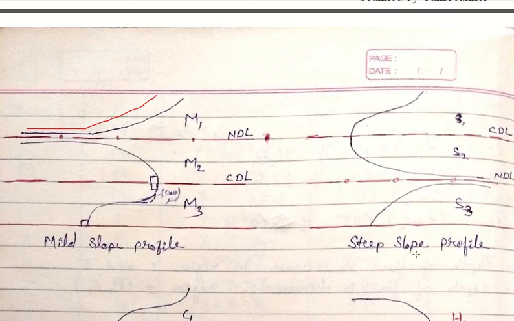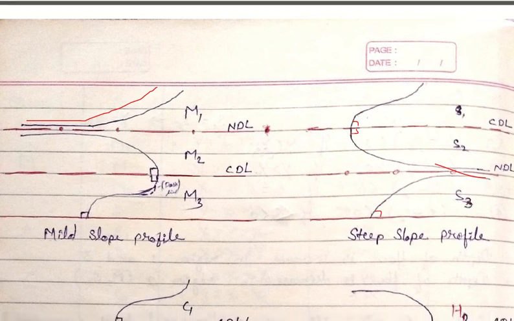And now for the steep slope profile, S1 is increasing. So here is the increasing profile, and it makes 90 degrees to the CDL line. The profile decreases in the second region, and in the third region the profile increases, making 90 degrees at the bed.